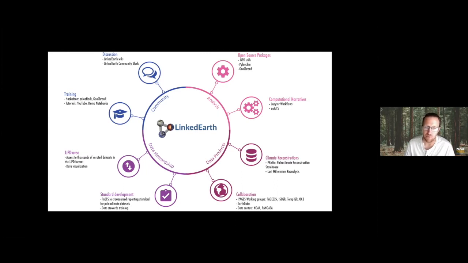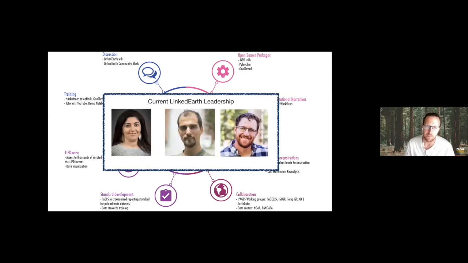So standards, products, analysis tools, and discussions, workshops and trainings are all part of what we're trying to do. And then lipid is one piece of this amongst many. The leadership here is myself and my colleagues Deborah Khider and Julien Emile-Geay, who have been my main co-conspirators on most of this work.